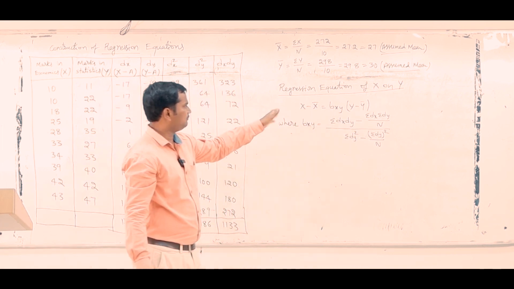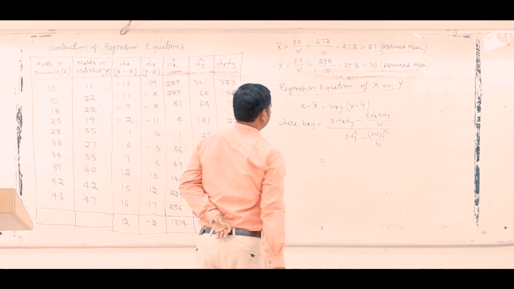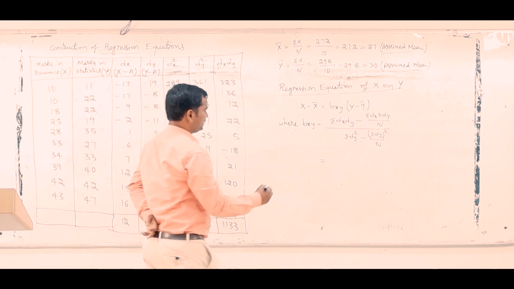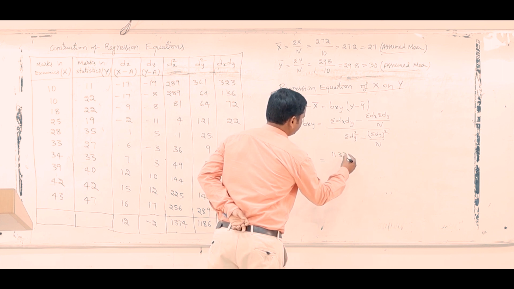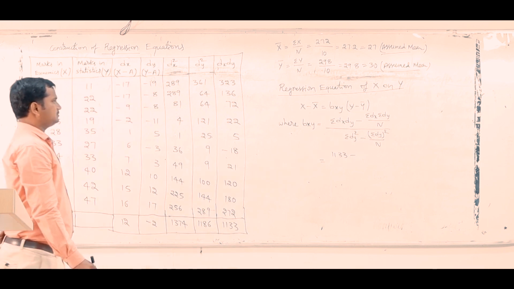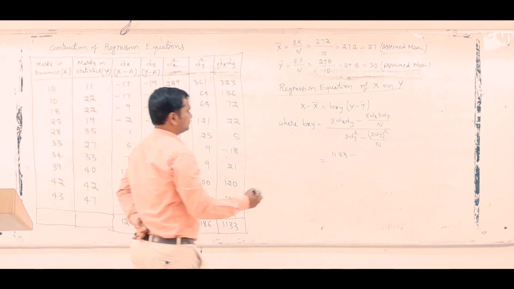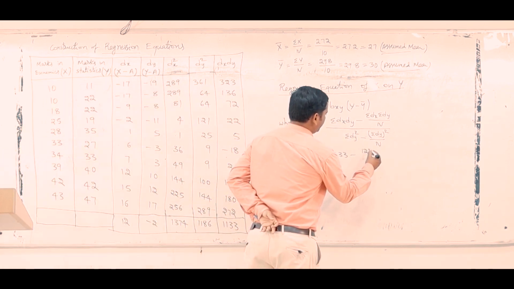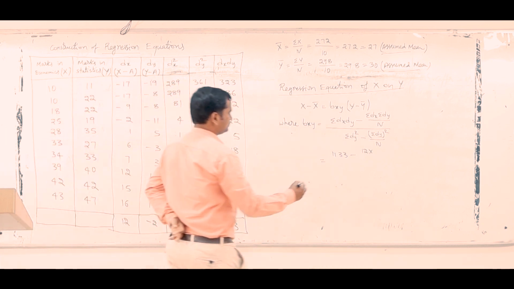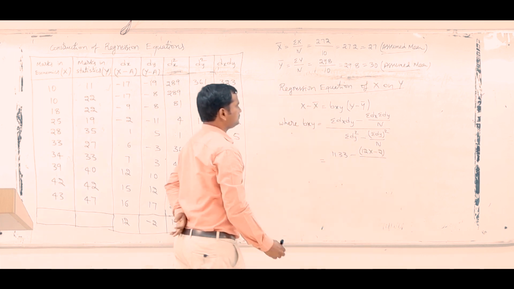After that, we should use all the values in the main formula. So here summation dx dy, the total is 1133, minus summation dx, summation dy. Summation dx total is 12 into summation dy total is minus 2, divided by n.